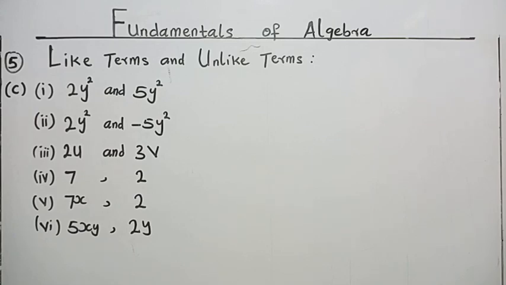Are they like terms or unlike terms? What are you thinking? First, what is being quantified in this first one? It is u. What is being quantified in this? It is v. So 2 and 3, which are quantifying, are they quantifying the same thing or different things? Obviously, the things being quantified differ in symbol.